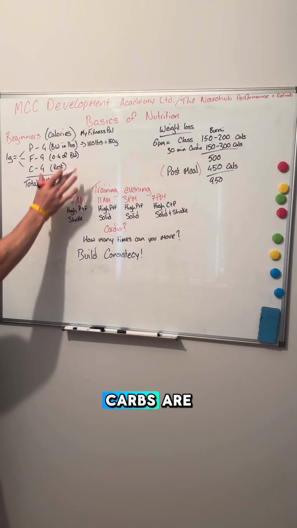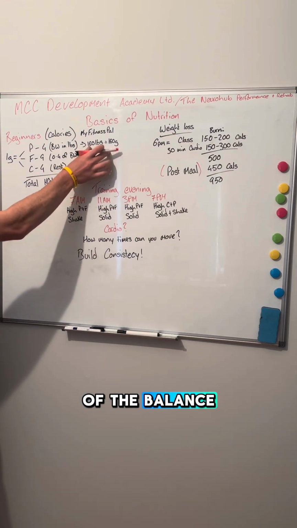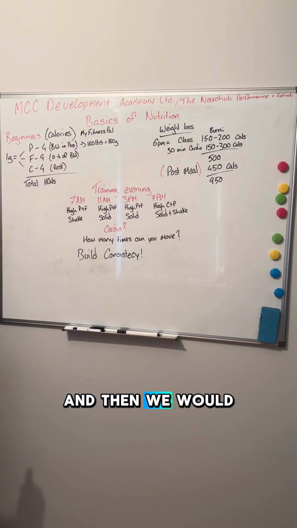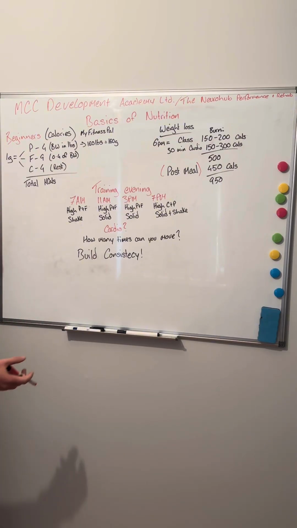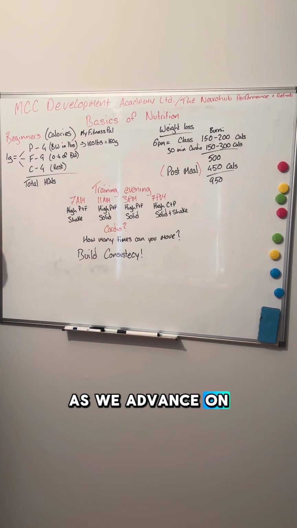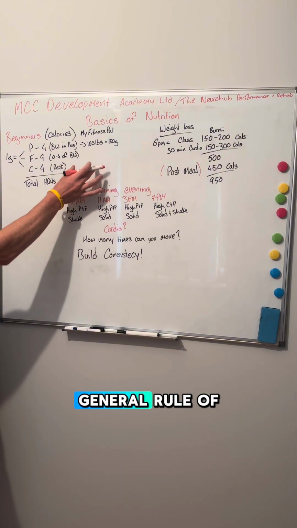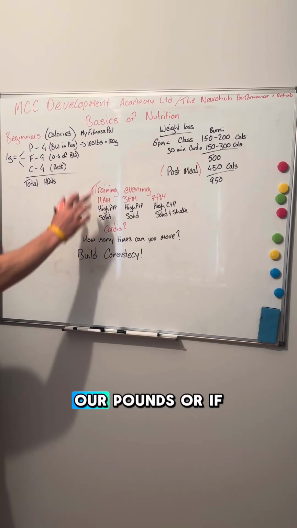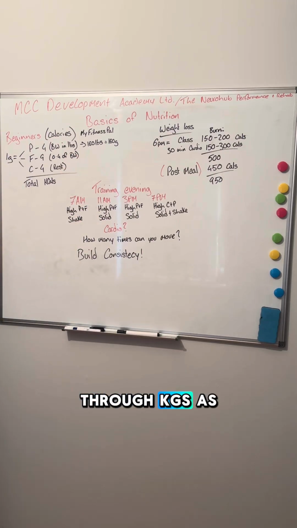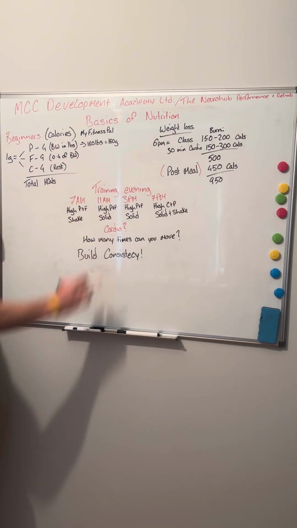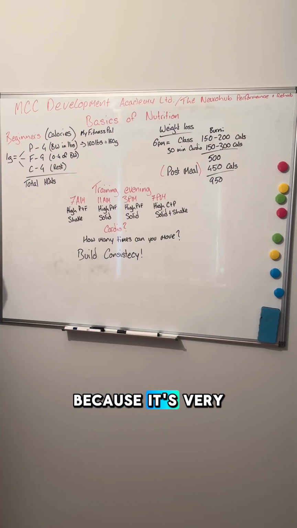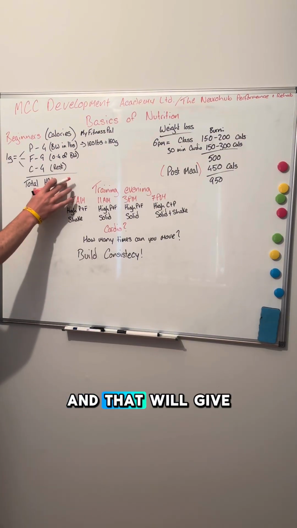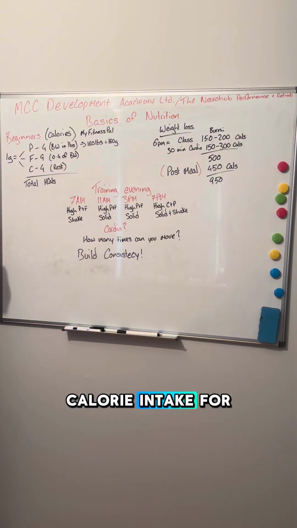Then your carbs are usually made up of the balance. We would go about timing as we advance with our nutrition, but that's the general rule of thumb. It's a little bit easier to track when we go through pounds, or through kgs as well. I would avoid weighing ourselves in stone because it's very vague and much more difficult, and that will give us our total calorie intake for the day.